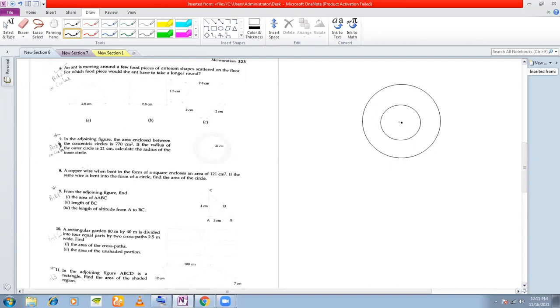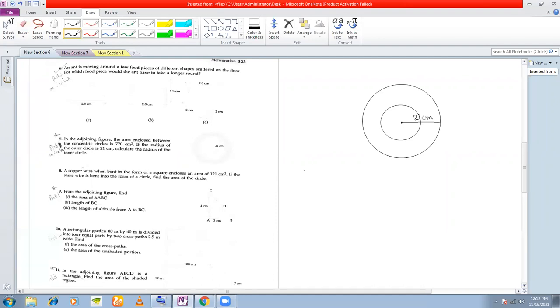Does anyone know what these two circles are called? Can anyone say what these two circles are called? These are called concentric circles. Why concentric? Because both the circles have the same center. Let's say C here. C is the center of both the circles, the smaller circle as well as the bigger circle. The two circles have different radii. The smaller circle has a smaller radius, the bigger circle has a bigger radius, but they have the same center. So that is why these two circles are called concentric circles.